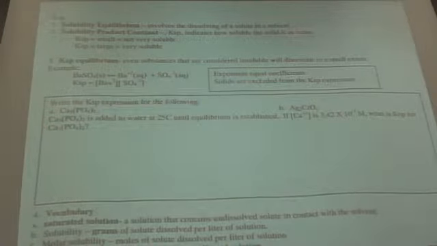Here we go. The finale, the last one, special K. Okay, this is the solubility equilibrium. This involves the dissolving of a solute in a solvent. You know those three types of solutions: unsaturated, saturated, and supersaturated.